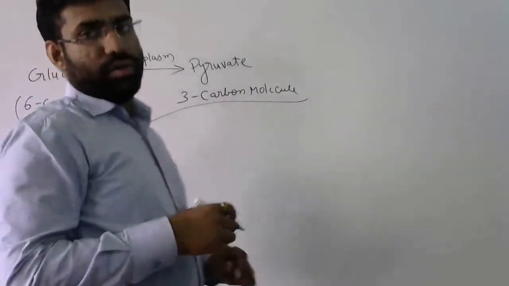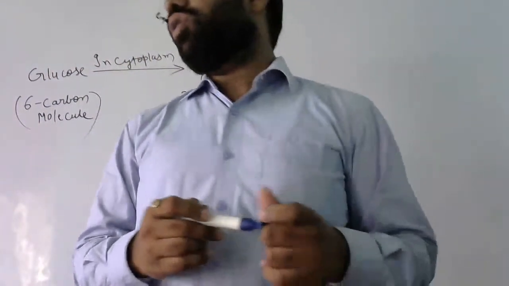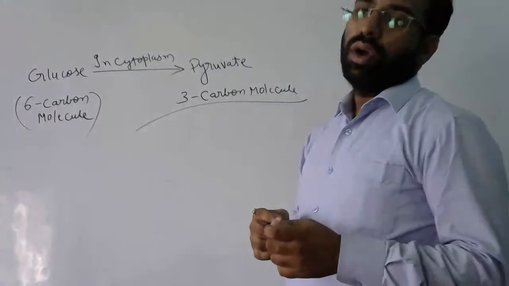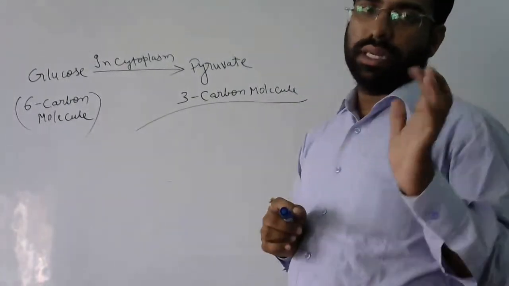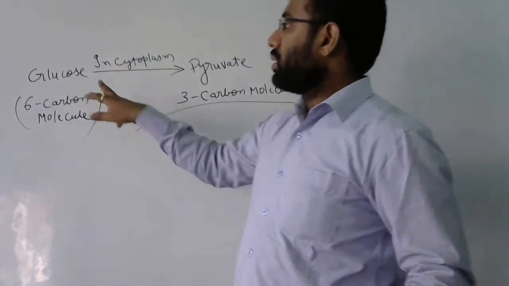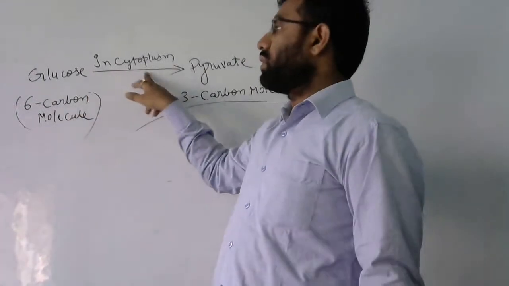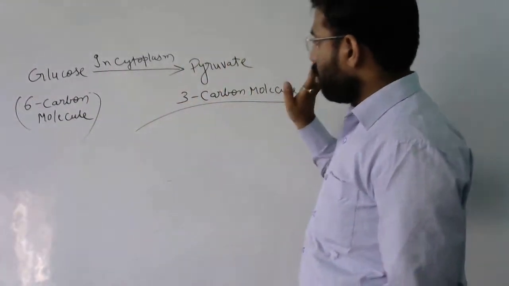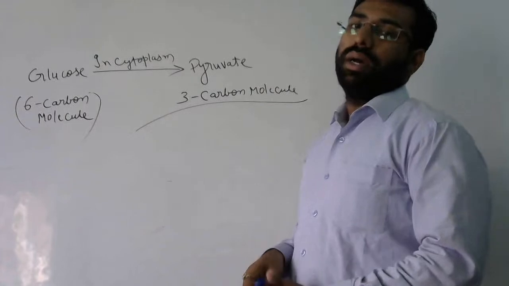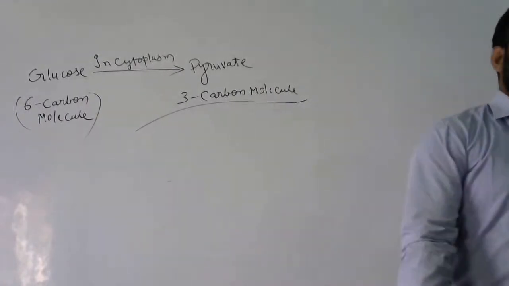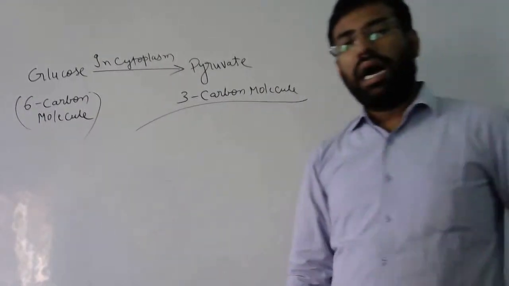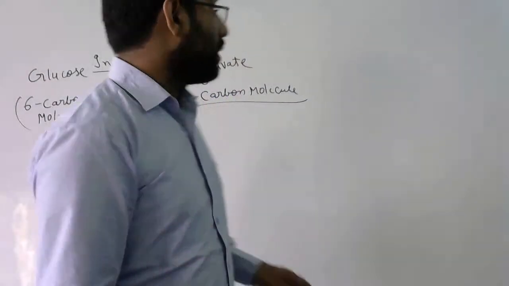The next question is, does it happen in all the reactions? Yes. In all respiration, the first step is that the 6 carbon molecule in the cytoplasm breaks down into a 3 carbon molecule called pyruvate. After this, the next process starts.